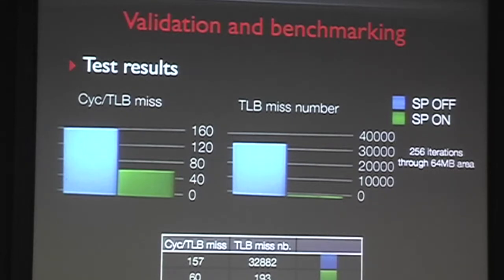In the case when Superpages are enabled, we see very few TLB misses, since after the promotion we basically keep the area in the TLB, and there are no additional TLB misses. But in the case of Superpages disabled, we can see quite a significant amount of TLB misses, since we are thrashing the TLB on every loop.